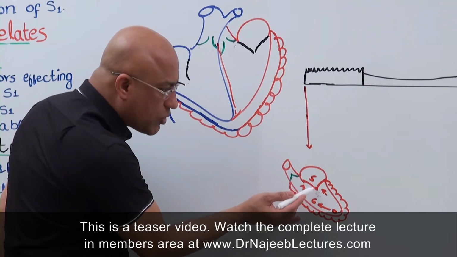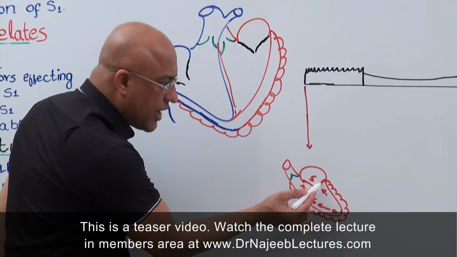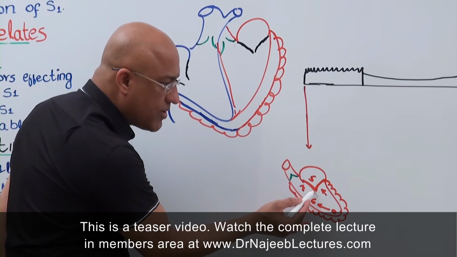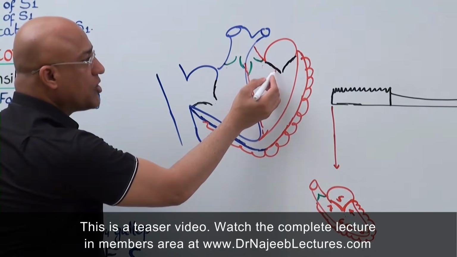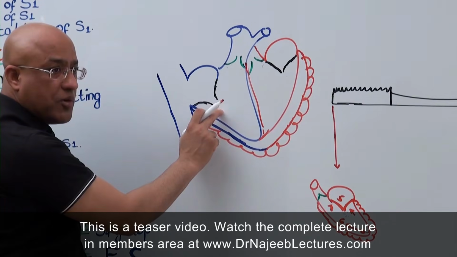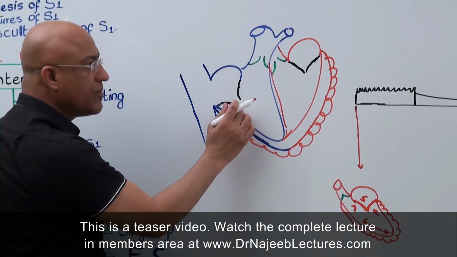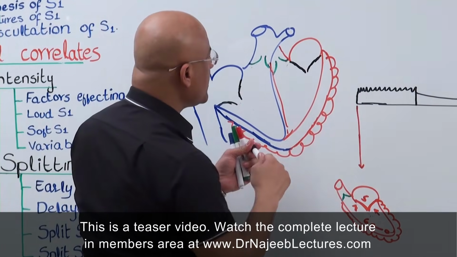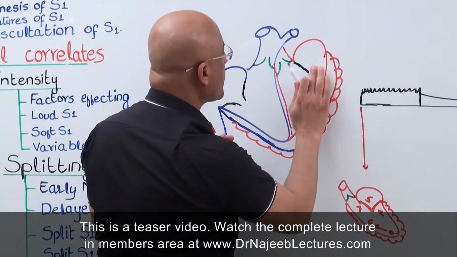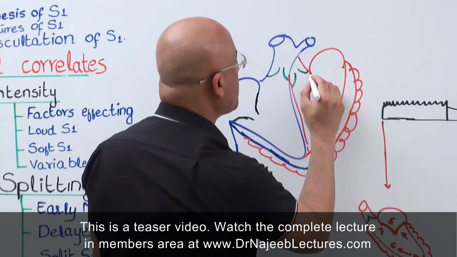But when it tries to go back to the atrium, these valves will close. What is this valve? Mitral valve. And almost at the same time, on the right side, which valve will close? Tricuspid valve will close. Right. When both of these valves close, now I will show exactly what mechanisms occur.